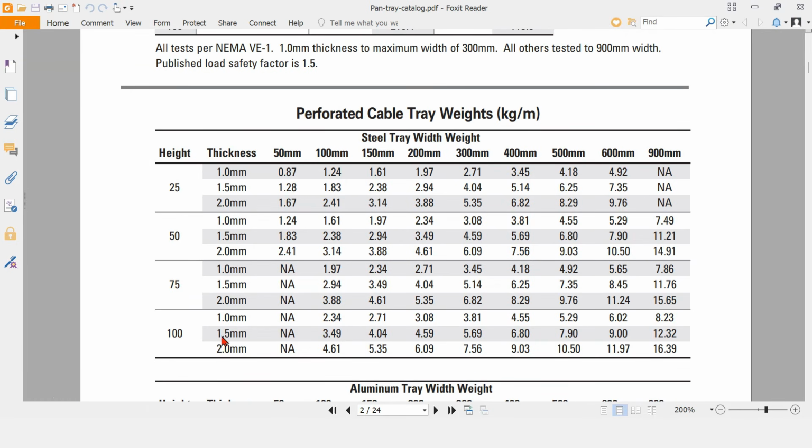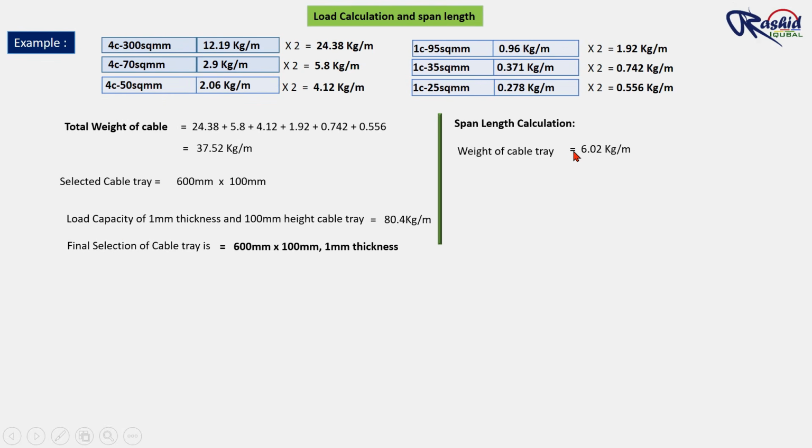Here you can see 100 mm flange height with 1 mm thickness and 600 width cable tray. Its own weight is 6.02 kg per meter. This is the cable tray weight without any cables.